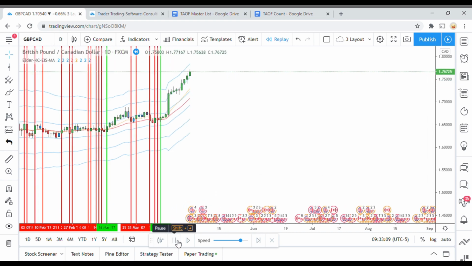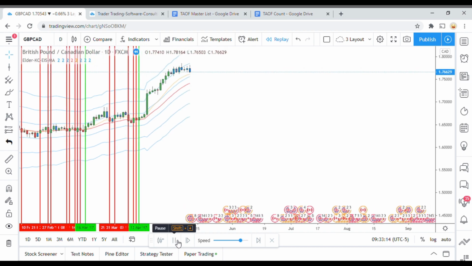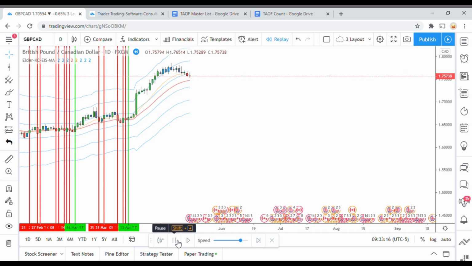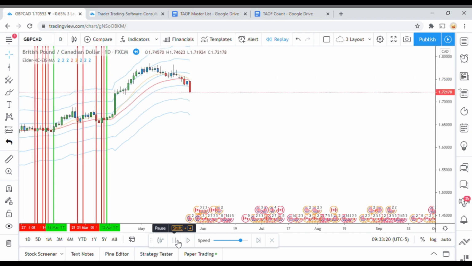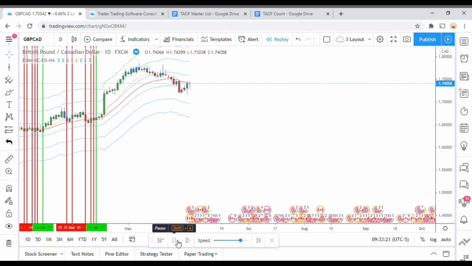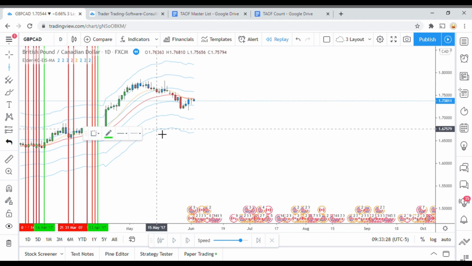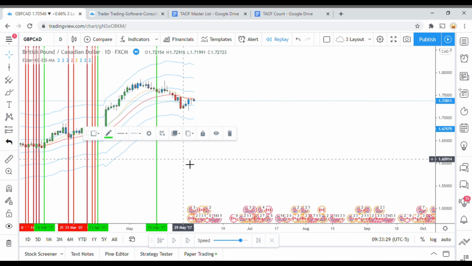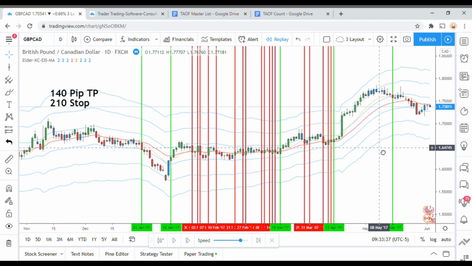All right, and we are moving on. And we are picking up some sell signals up here at the top. Let's measure this out because I'm pretty sure that got stopped out back there.